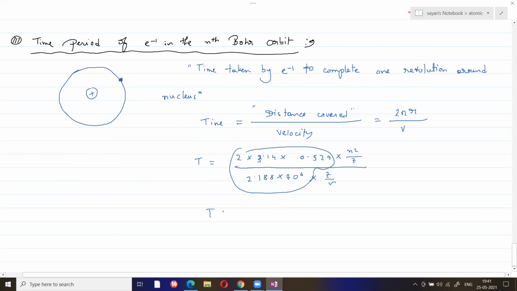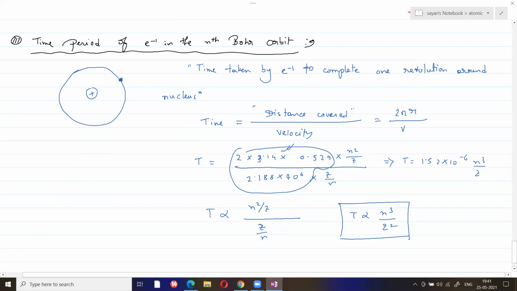So can I write T proportional to n square by Z divided by Z by n? So T is proportional to n cube by Z square. Is it clear? If you calculate this value, T becomes 1.52 into 10 to the power minus 16 n cube by Z square. Only this formula is required for math.